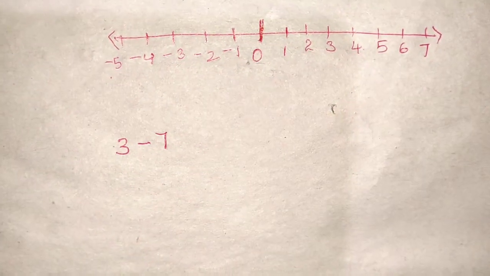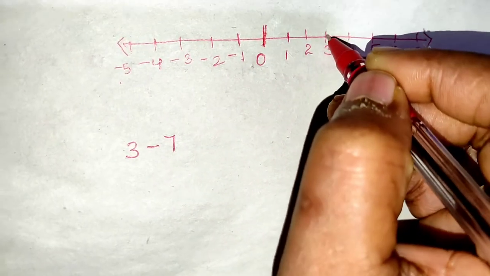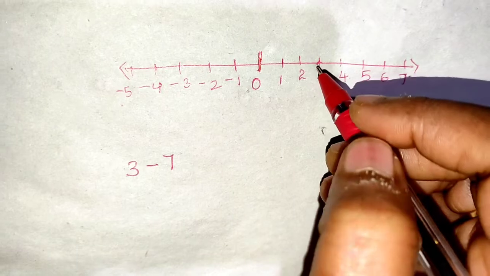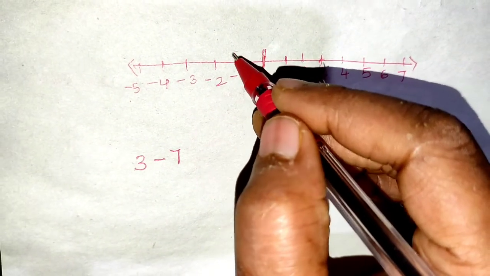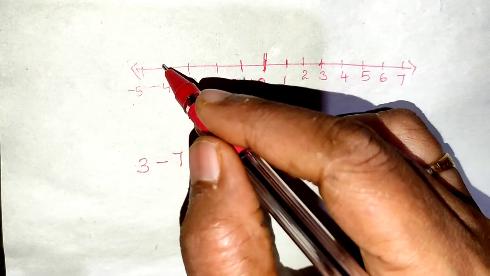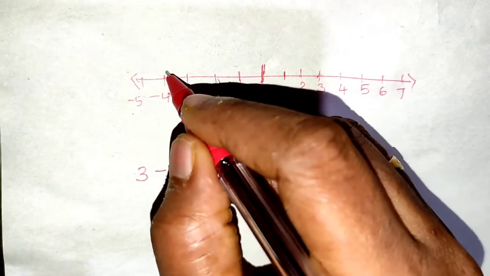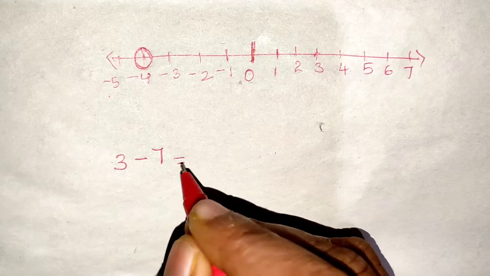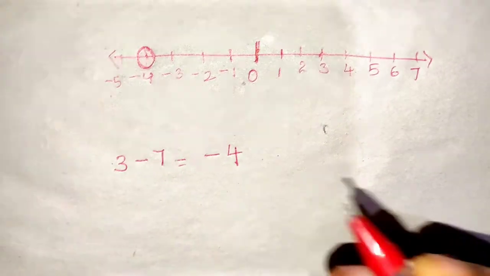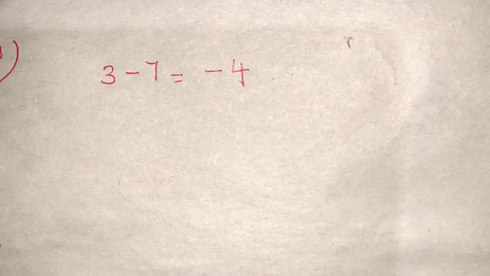How do we find this? 3 is here, minus 7: 1, 2, 3, 4, 5, 6, 7. Decreasing by 7, we reach negative 4. So 3 minus 7 is equal to negative 4.